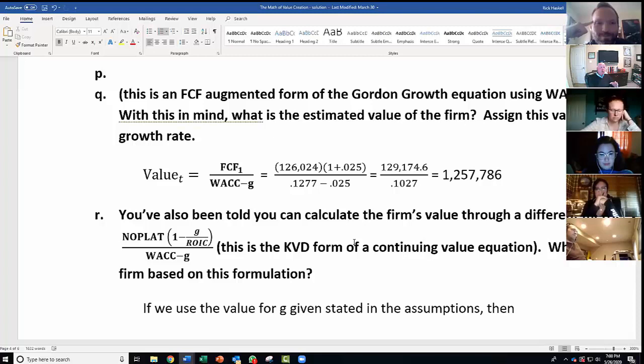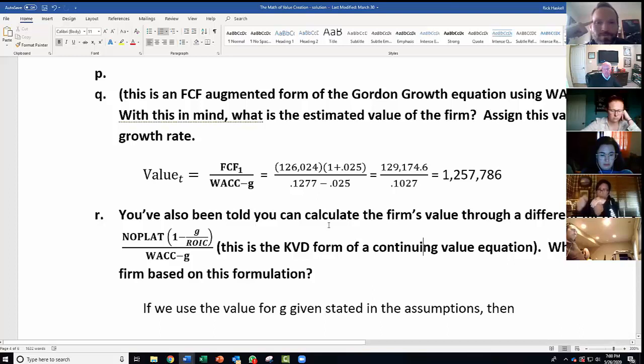But that gives us a value as of a date in the future, as of time 2, because the value is always the period before the time signature on the cash flow. So if we're using the free cash flow at time 26, it gives us a value as of time period 25. That then lives in the future, so we have to take that number and discount it back to today. Oh, okay. Good question.